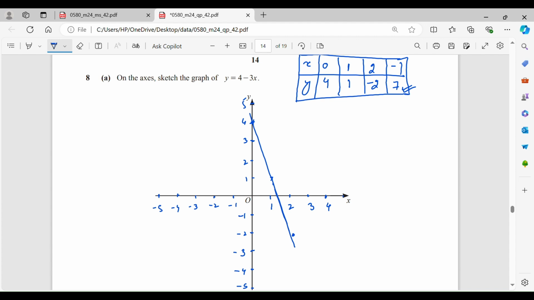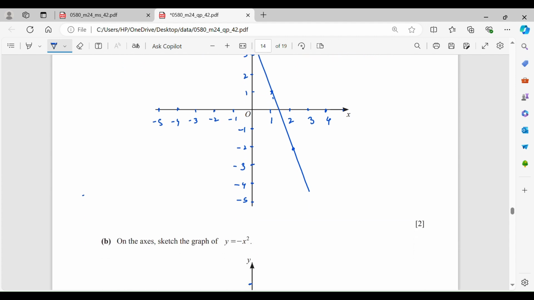No, it is not that nice. Let me try again to join them. Yes, the figure will be like that. Next part. Next will be its B part.